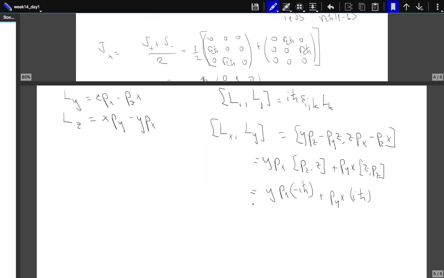Py, z and px is iħ. Minus iħ or plus iħ py times x minus y times px, which is nothing but Lz. So they seem to be generating rotations. But do they actually generate rotations?